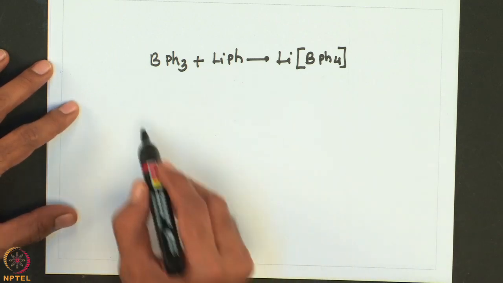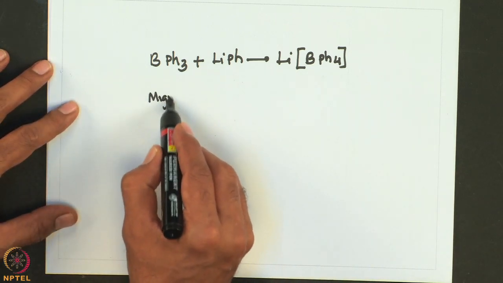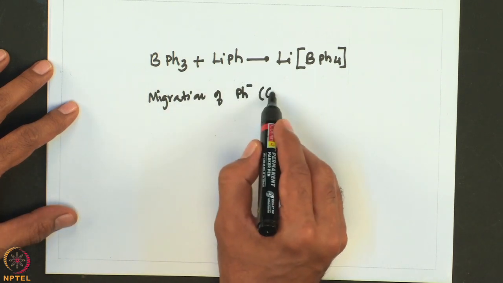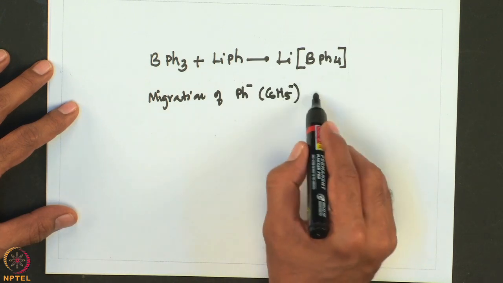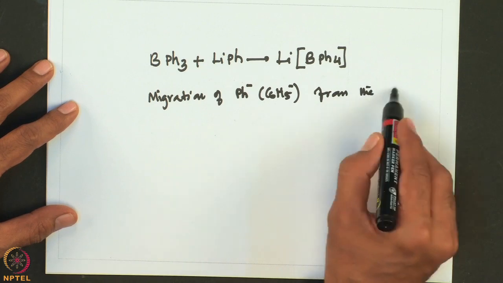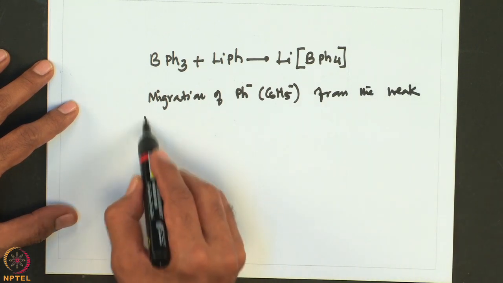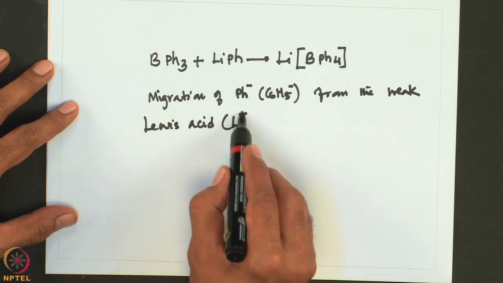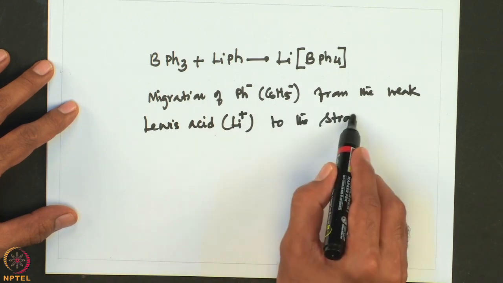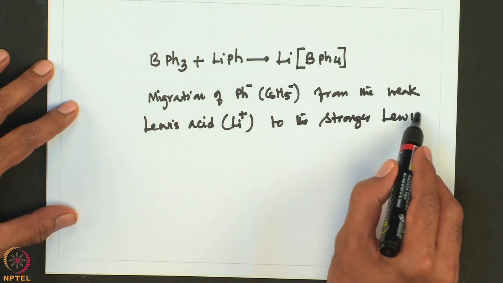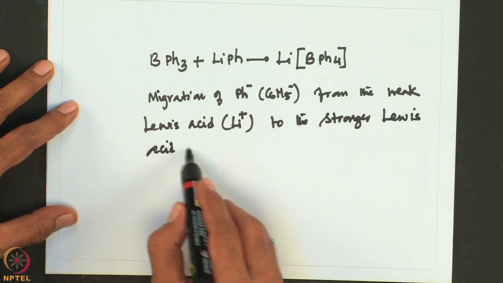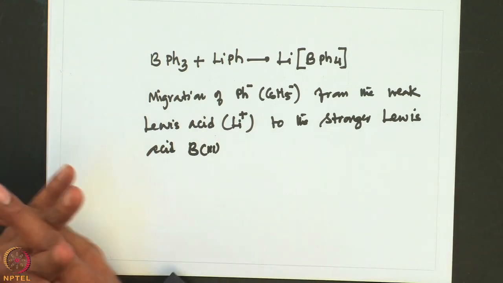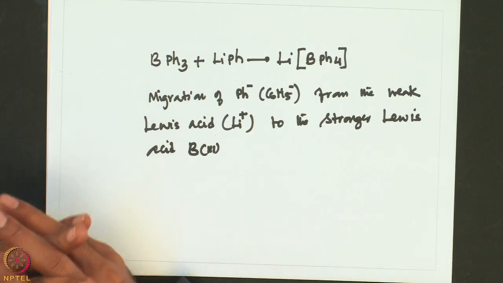That means migration of C6H5 minus from the weak Lewis acid, that is Li+, to the stronger Lewis acid BPh3. So, there is always some driving force for this kind of reaction.